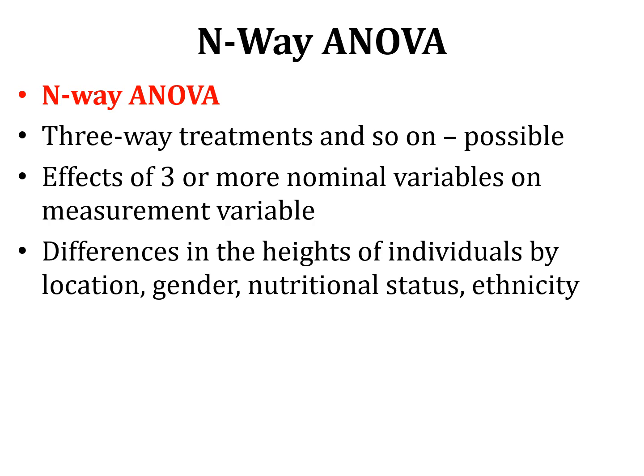For example, if you want to compare the heights of individuals, we can simultaneously see the differences in height by their location, by their gender, by their nutritional status, and by their ethnicity, all at the same time in a single test with a single level of significance, 0.05. This could be three-way ANOVA, four-way ANOVA, and so on, depending on the number of nominal variables that we are going to check.